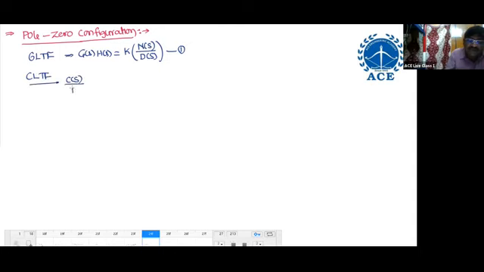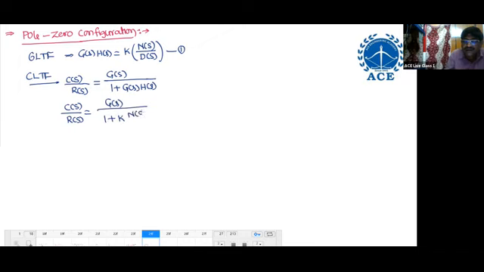Then the closed loop transfer function C(s) by R(s) equal to G(s) by 1 plus G(s)H(s). Substitute G(s)H(s), what will I get? C(s) by R(s) equal to G(s) D(s) divided by D(s) plus K N(s).